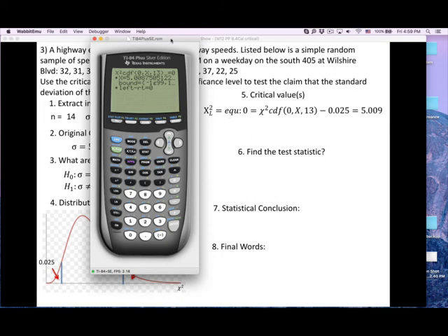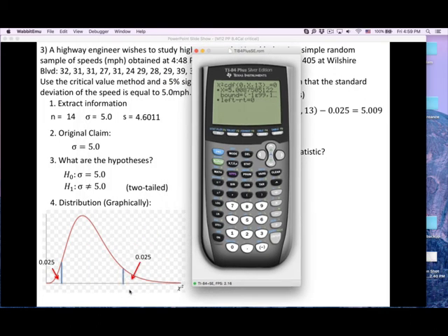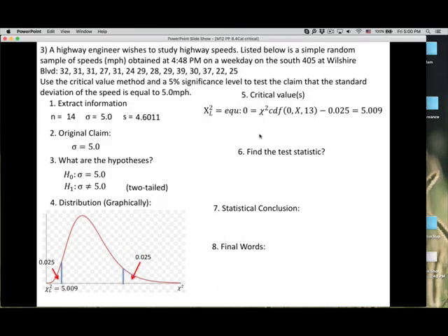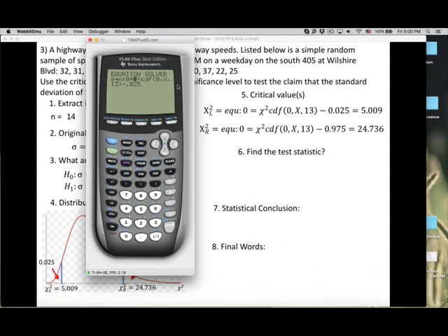Okay, this is a chi-square to the left. And then now we need to figure out what is the chi-square to the right. Okay, chi-square to the right. So in this window, I could just go up. Okay, go up back to this one, back to this screen. Okay, this is how you guys find the chi-square to the right.